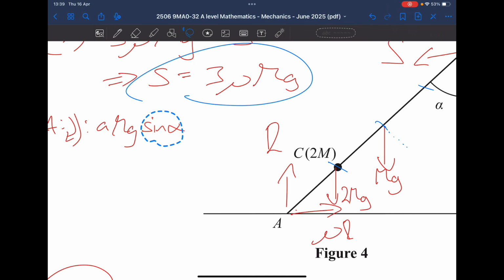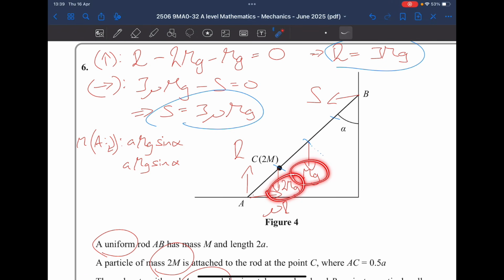For the one in the middle, we have mg again for the strength. The distance away is going to be a, and again we have sine alpha. Even though there are different strengths of forces, they have the same moment around A, because one is twice the strength, and one is twice the distance. These two we'll add up, and we'll have to take away any counterclockwise forces, i.e. the amount caused by S. It's even easier to see the angle here.